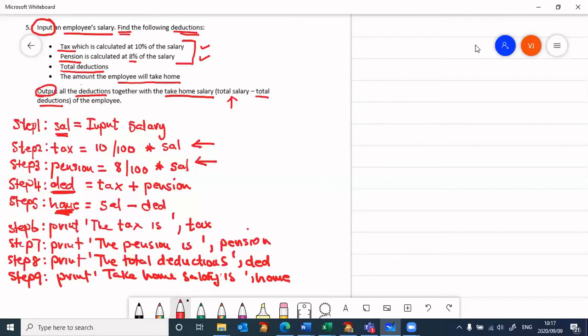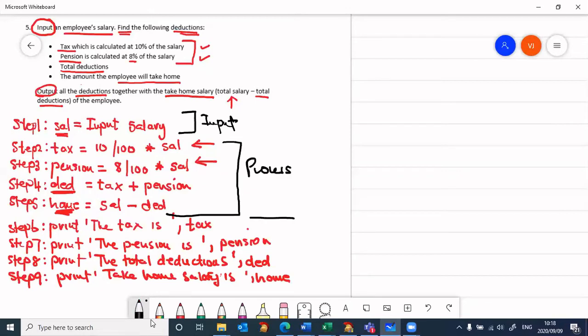That does it for the algorithm in terms of the input. Okay. This is the input. Then we have the process, and we have the output.